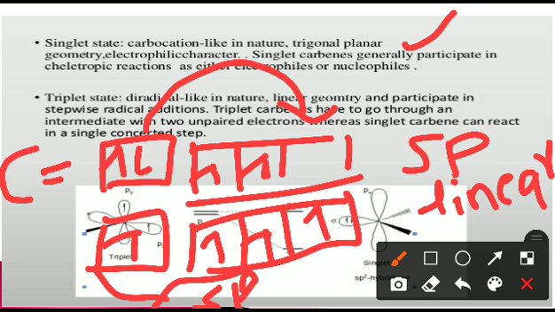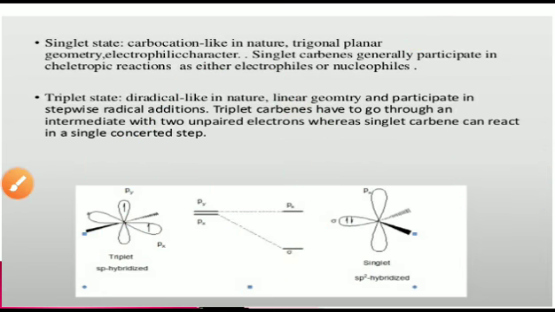And these 2 electrons are present in the p orbital, not the s orbital. These 2 electrons are present in two different p orbitals.